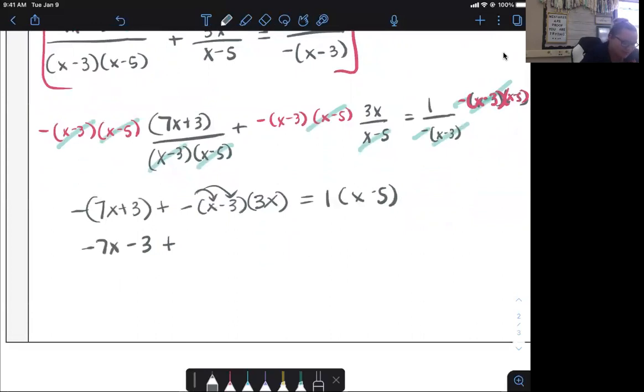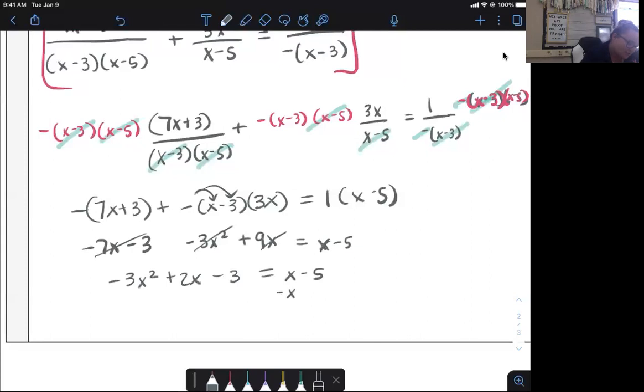So negative 3x times x is negative 3x squared. Negative 3x times negative 3 is positive 9x. All right. Then distribute that 1, so we get x minus 5 on that side. All right, so negative 3x squared plus 2x minus 3 equals x minus 5.